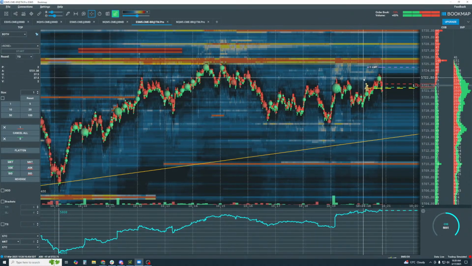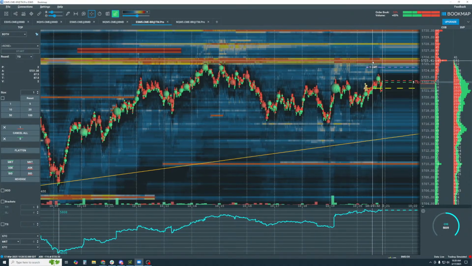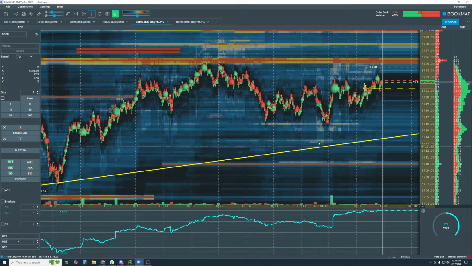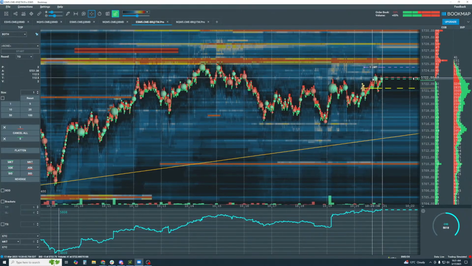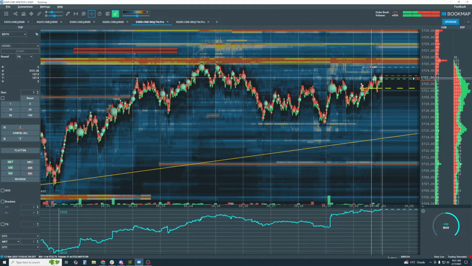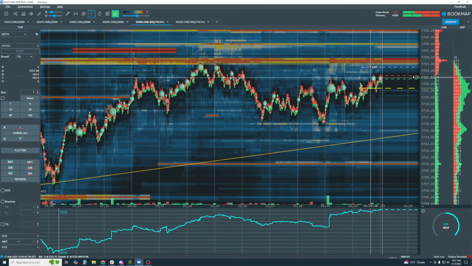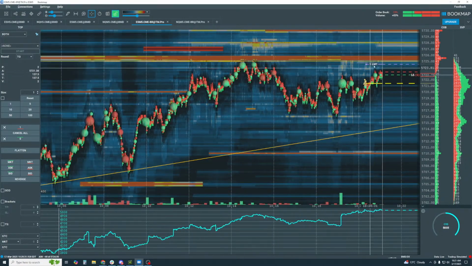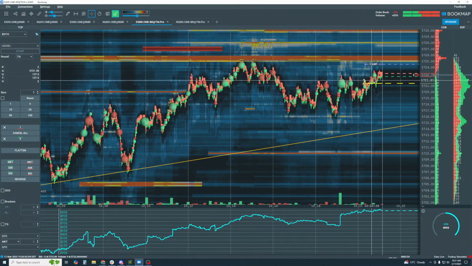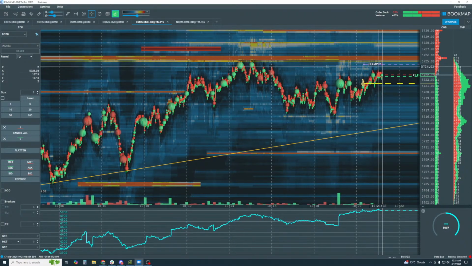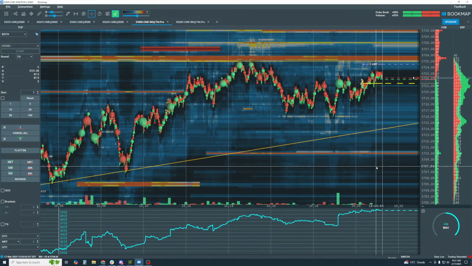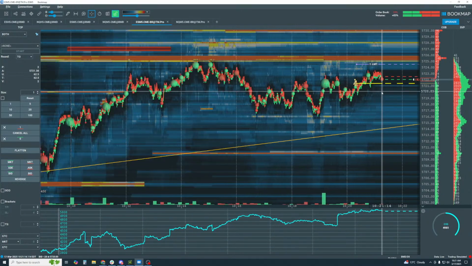For example, right now I'm in front of this high liquidity at 57.25. That's where I'm going to take some off, and maybe I can get a bigger runner out of it. But that's where I'm willing to take a risk, looking for these buyers to push it up above. And they should do it right now.